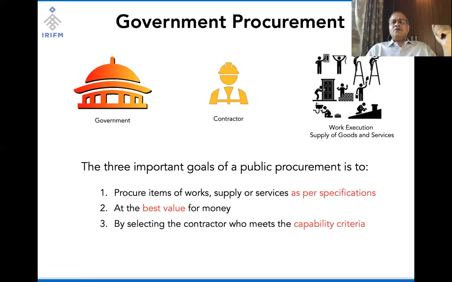If you look at the supply chain of a pen, the pen is supplied by the manufacturer through distributors, through dealers, and then to the end customer. But when we say that we want to procure directly from the manufacturer, all the elements of the link are gone and the manufacturer directly supplies to government.